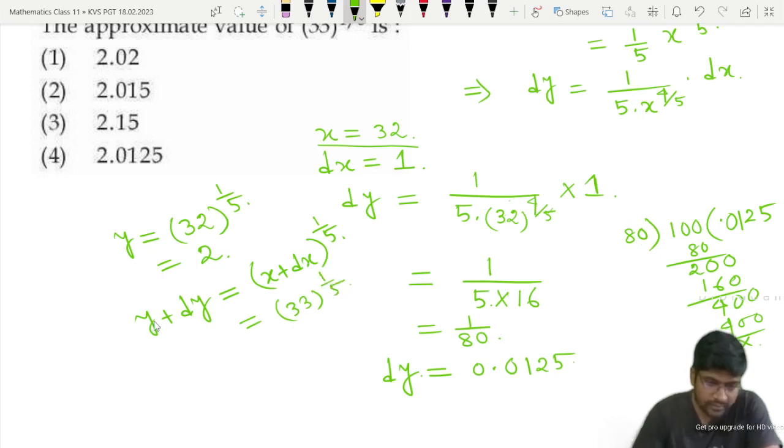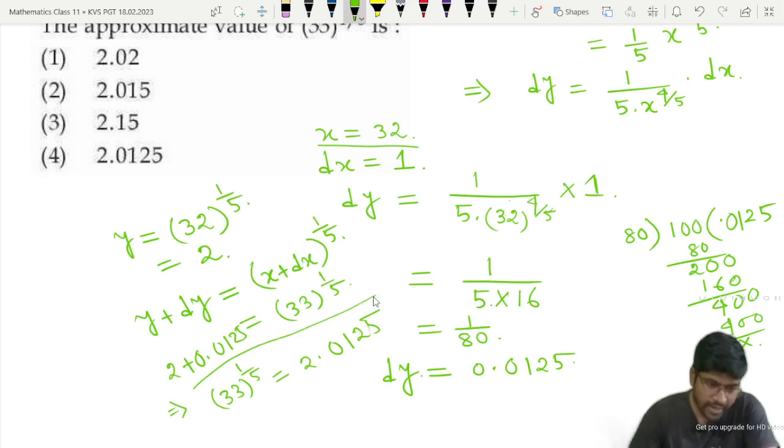And what is y plus dy? y means 2 and dy we have already found as 0.0125. So 33 to the power 1 by 5 is equal to 2.0125. Is it clear to everyone?